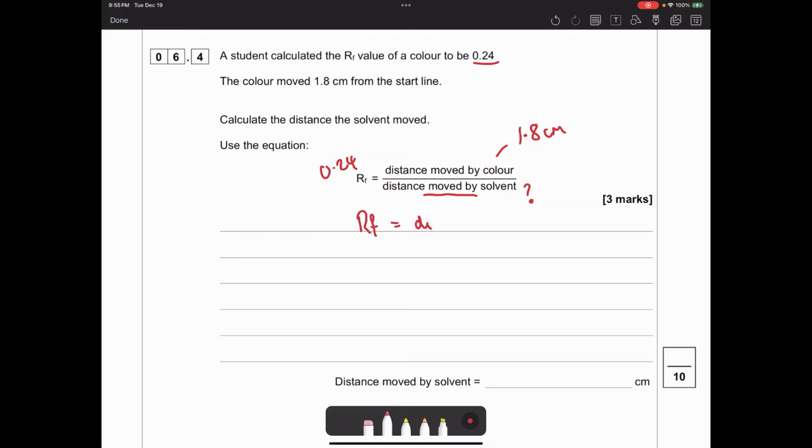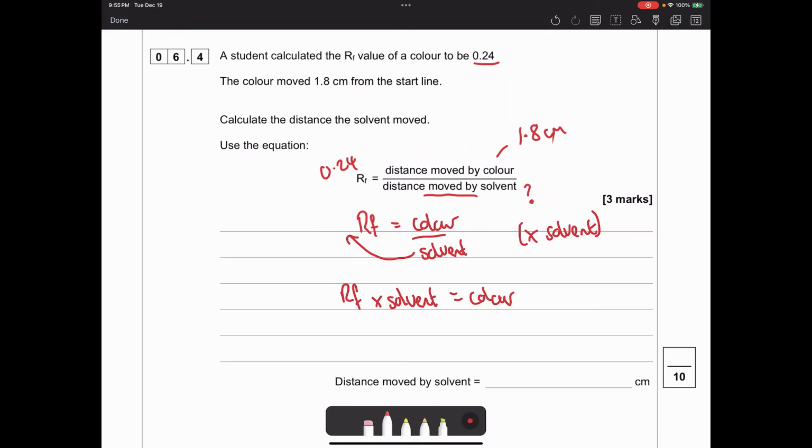Now you can rearrange it. If you just simplify it down, RF is distance of colour over solvent. If you times by the solvent both sides, it would be RF times solvent equals colour. So you're doing the inverse. Instead of dividing, you would be timesing it.